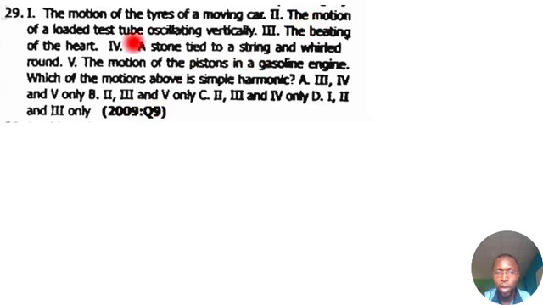II is correct, III, the beating of the heart, is correct, and V is correct. So B is correct. Then C, let's check C. We have to go for the most correct one. II is part of it, but IV is not part of it, so C is wrong. Then D, II is not part of it at all. So the correct option is B, II, III and V.